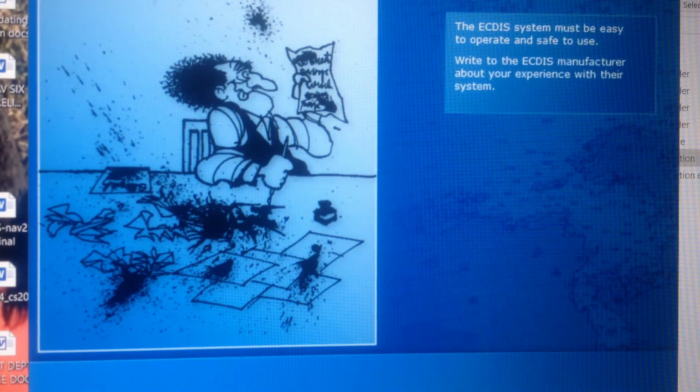Operators who feel that their ECDIS system is not user-friendly and safe to use should let the manufacturer know about their experiences with the system. This is the only way ECDIS operators can put pressure on the manufacturers and contribute to better HMI.